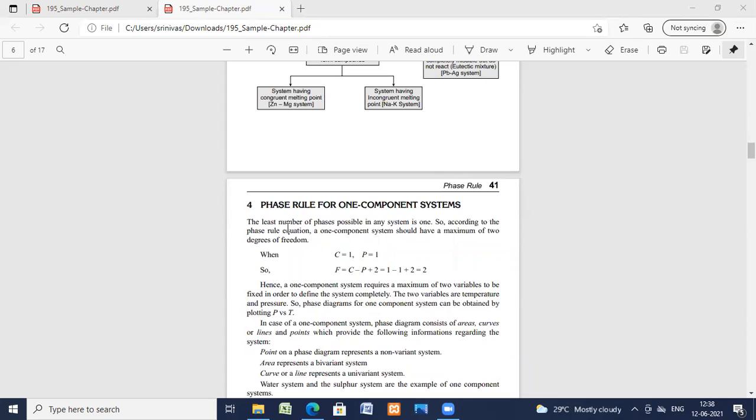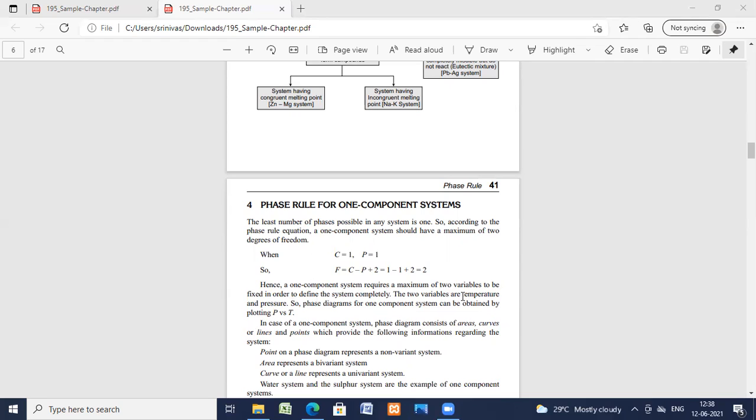According to the phase rule equation, F is equal to C minus P plus 2, with C equal to 1 and P equal to 1, so F is 1 minus 1 plus 2, which equals 2. Hence a one component system requires a maximum of 2 variables to be fixed in order to define the system completely.